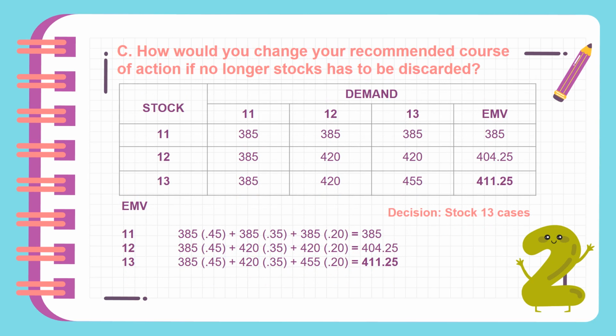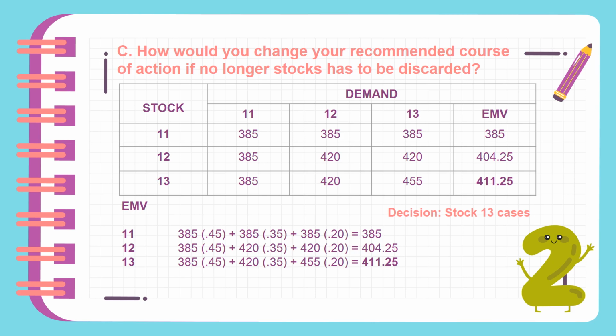How would you change your recommended course of action if no longer stocks have to be discarded? So there is no longer a need to discard the stocks. Okay, so here it is almost the same, only a few amounts have been changed. So let's focus on those amounts.